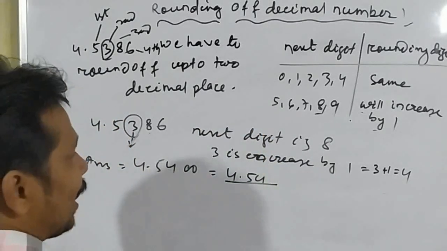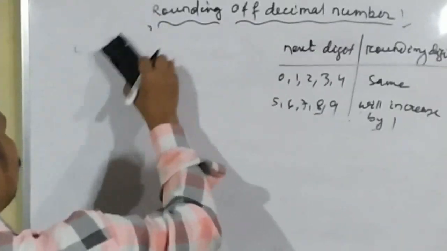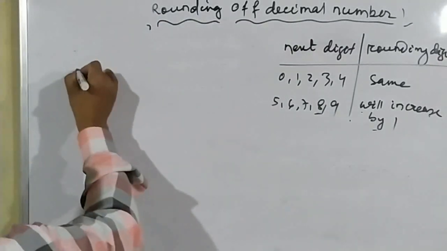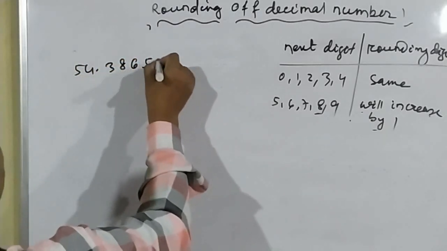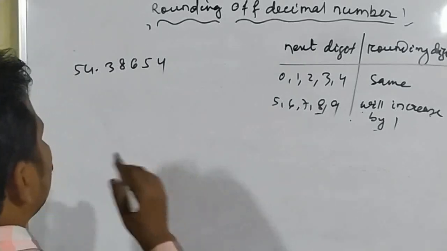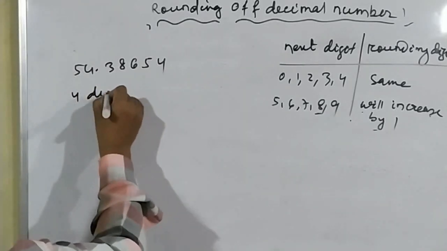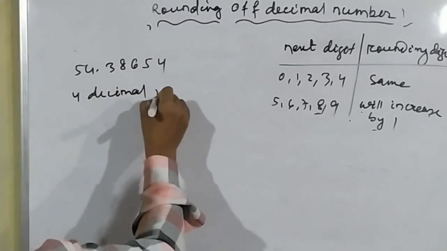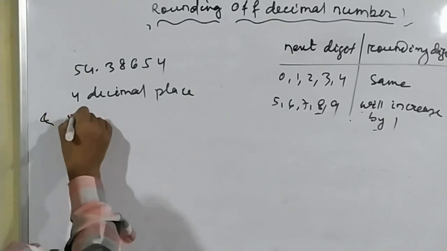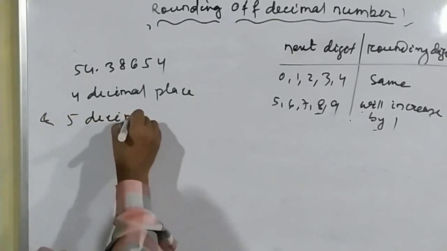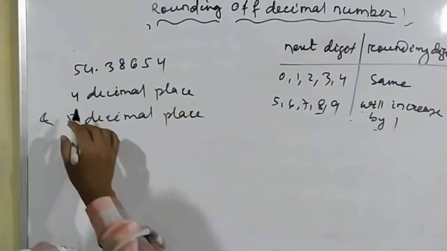Okay, so take another example. It is a very simple question. Let us take 54.38654, and we have to round off to 4 decimal places and 5 decimal places.